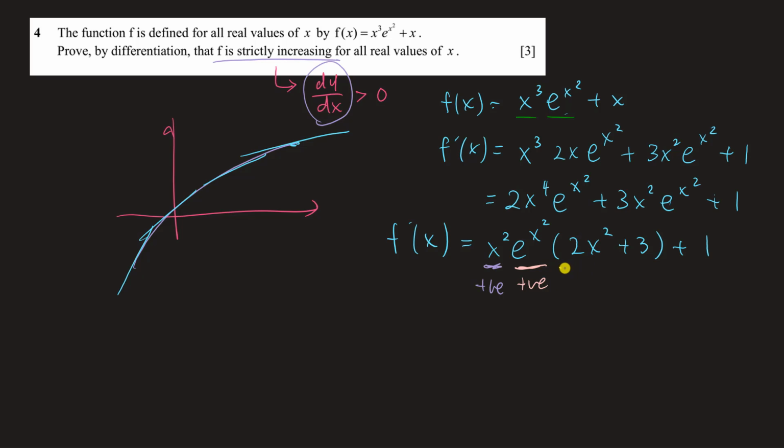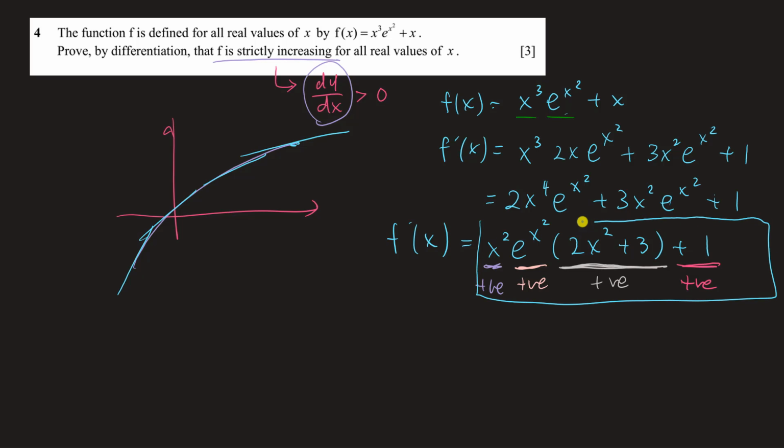Third, look at this. 2x² plus 3. This is definitely a positive number. Multiplied by 2 will always give you a positive number. Adding 3 to it will still give us a positive number. And finally, the cherry on top, the plus 1. This is also always positive. So no matter what x value it is, this entire thing here, it's always positive.